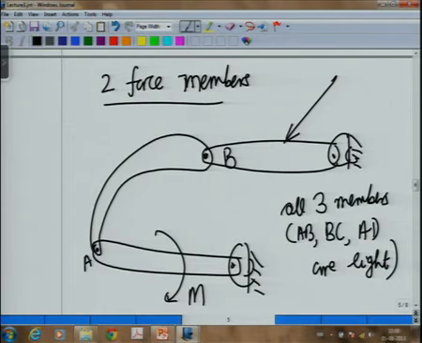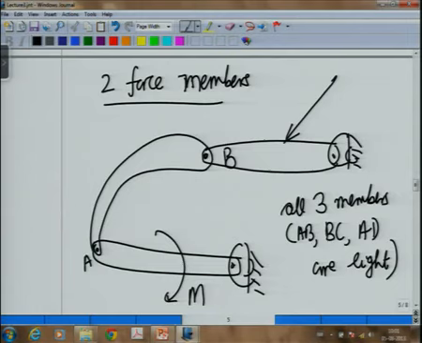You have Bx and By. At C, again Cx and Cy, and we have the force which is acting at some point in between there. So, at how many points are forces acting on the member BC? At 3 points, at B, at C and at the middle point.